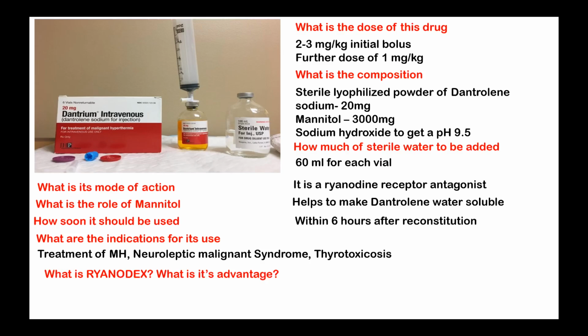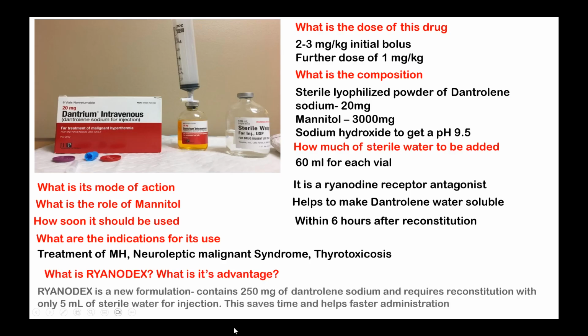What is Ryanodex? What is its advantage? It is a new formulation, containing 250 milligrams of dantrolene. Here it is only 20 milligrams in one vial. For an adult, you have to give 3 milligrams per kg. For a 70 kg man, you have to give 210 milligrams.